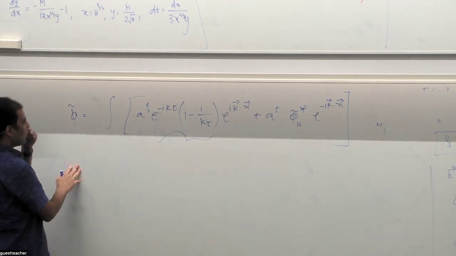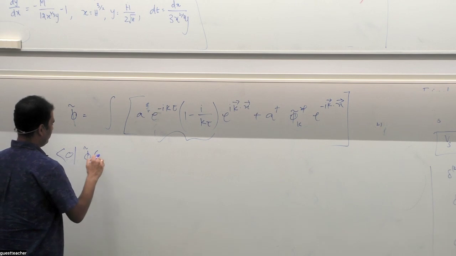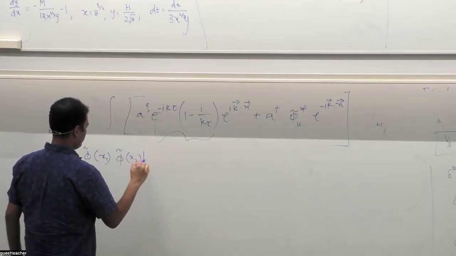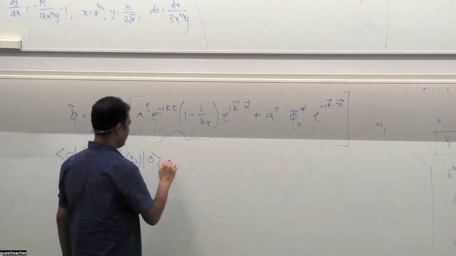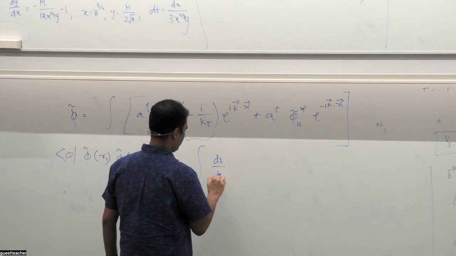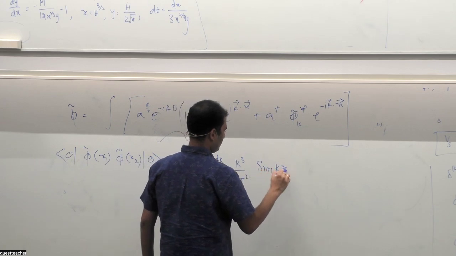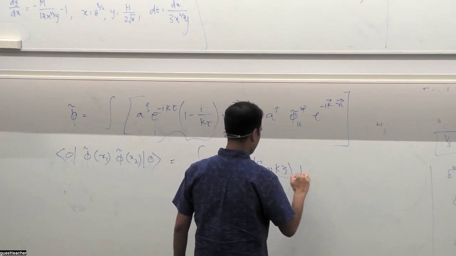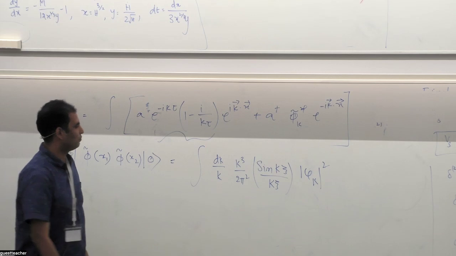Okay. Now what you want to compute is correlations. If you write this correlation and just use the Fourier transform, I integrated over theta and phi.